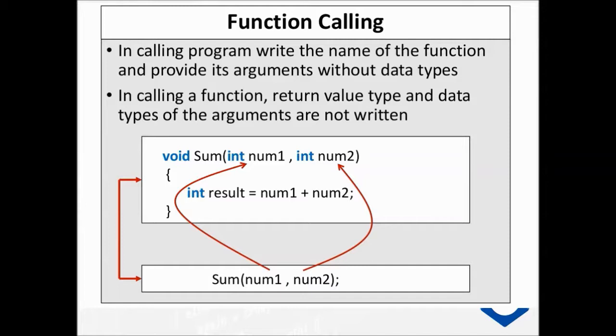So you may clearly see that when we call this function, we did not use the data type of the arguments. When we call this sum function, we write sum, and you clearly see that we have no return type. And into the parentheses, we did not write int, float, char.